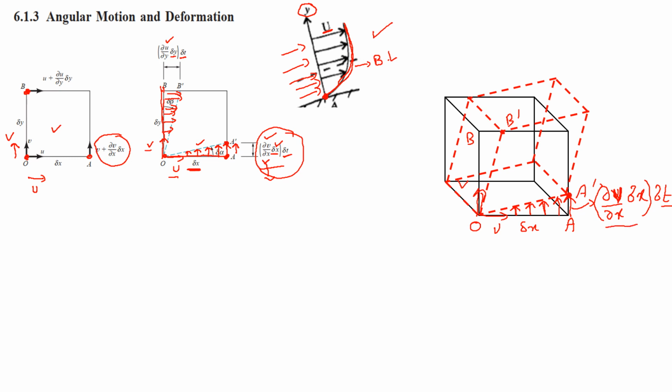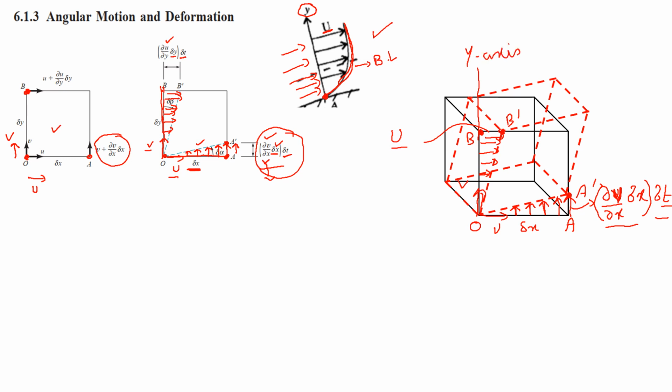So this is again our position and time. Similarly for this length OB, it moves to OB dash, and correspondingly it forms a velocity profile in this direction of the u component of our velocity vector, and this profile is made with the length that is along the y-axis.